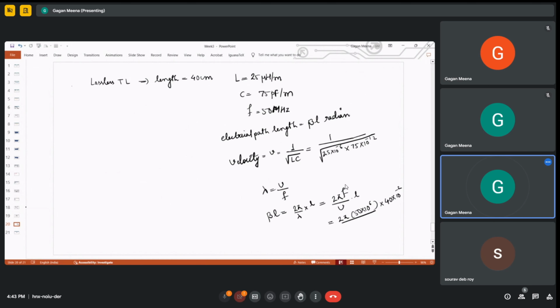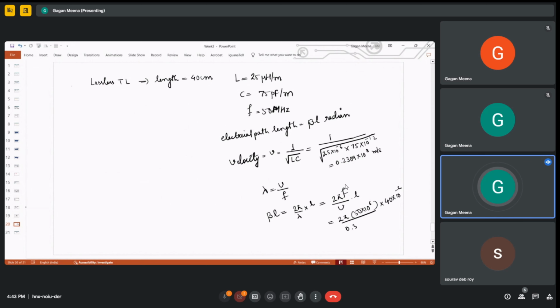This is 0.2309 into 10 to the power 8 meter per second.